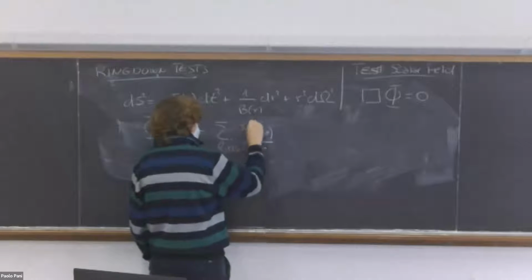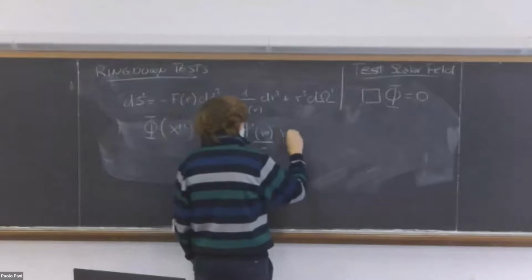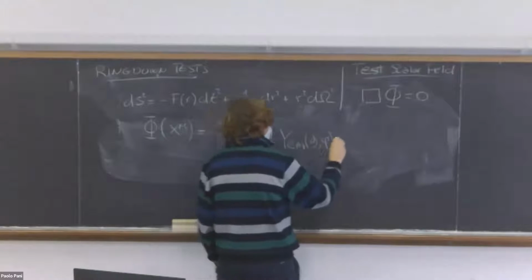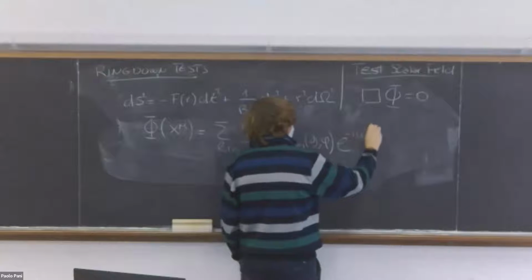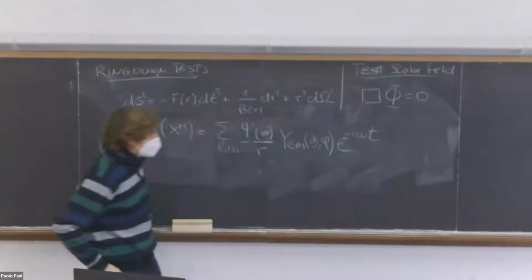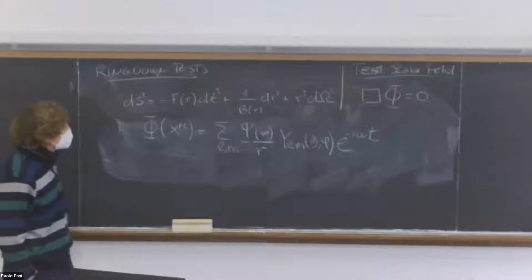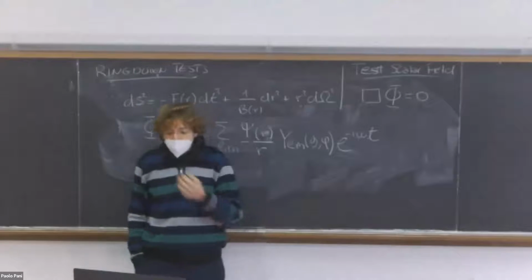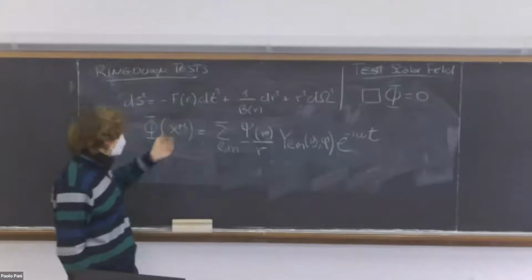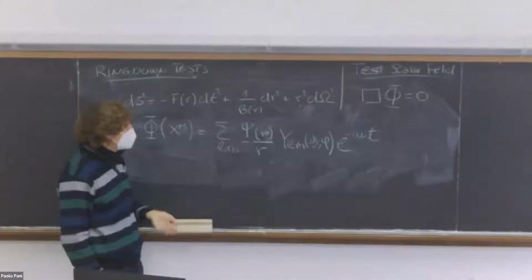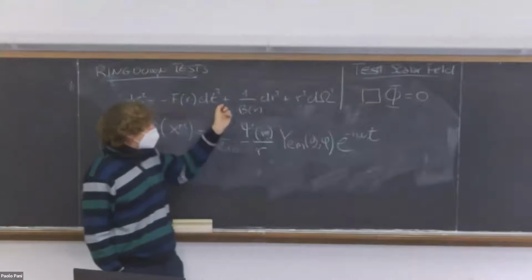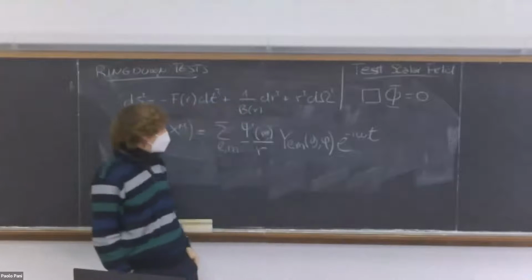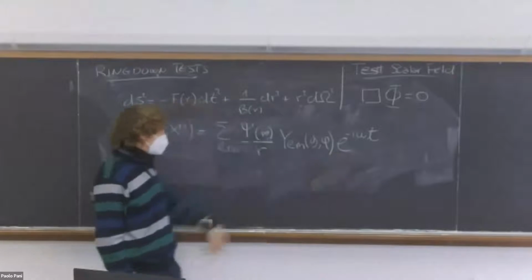Call it psi of r, times spherical harmonics Y_lm of theta and phi, and a time dependence given by e to the minus i omega t. Okay. So the possibility of making this spherical harmonic decomposition, and the fact that it's very useful here, is because the metric is spherically symmetric. It would not be true otherwise. And because it's static, there is a frequency that is conserved.